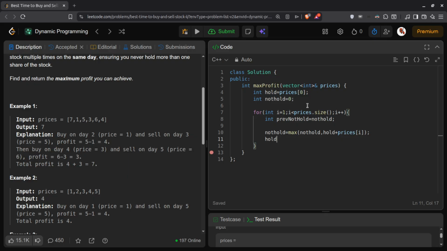And hold is max of, hold, comma, previous notHold, sorry, notHold minus prices at index i. Then return notHold. Okay, run this code.